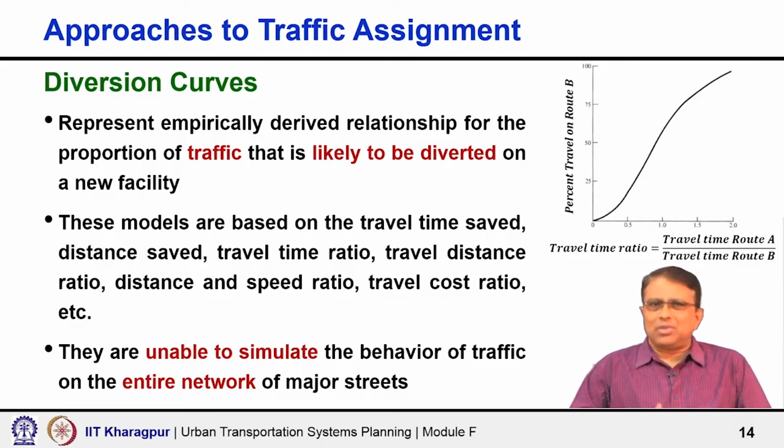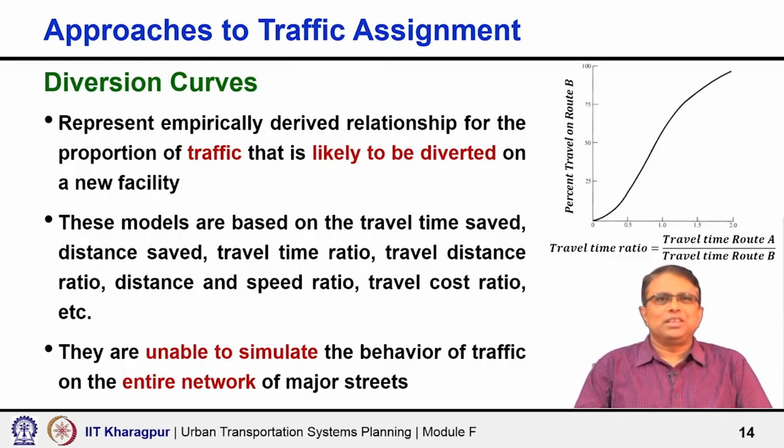These models consider many factors, say what is the travel time saved, what is the distance saved, sometimes they take travel time ratio, sometimes travel distance ratio, sometimes both distance and speed ratios, sometimes cost ratio. Based on all this, they give the proportion of traffic that will get shifted to the new route based on these values.